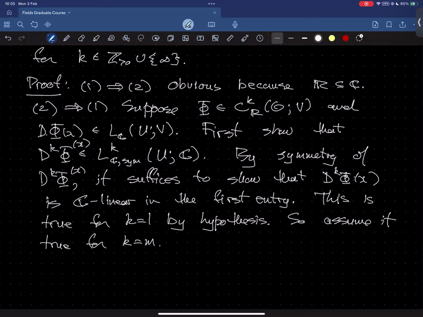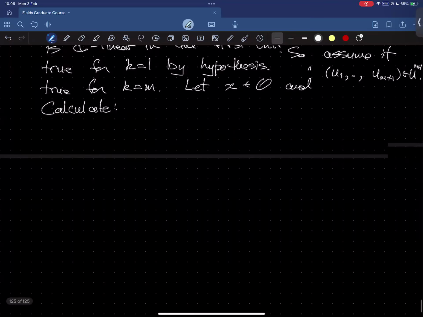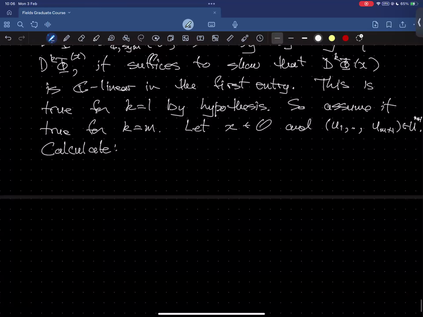All right, and so let x be in O and u1 up to u_{m+1} in C^n. Then we're going to calculate the m plus first derivative evaluated on these arguments.